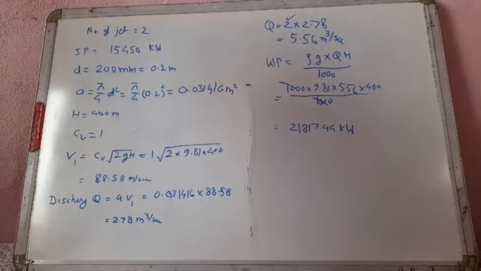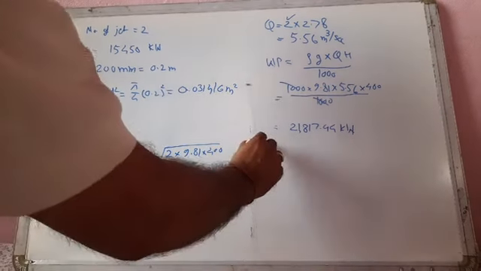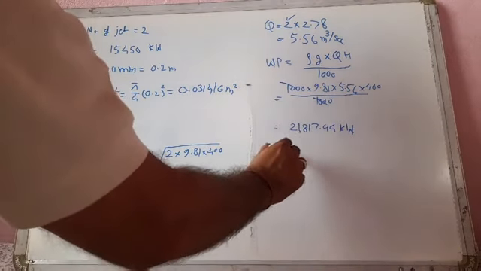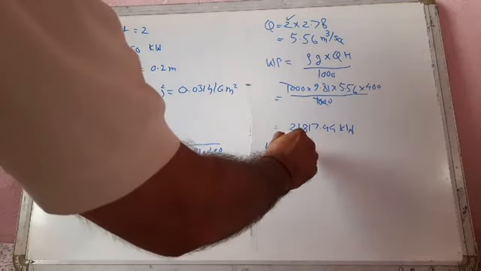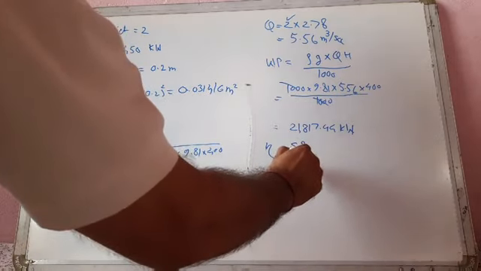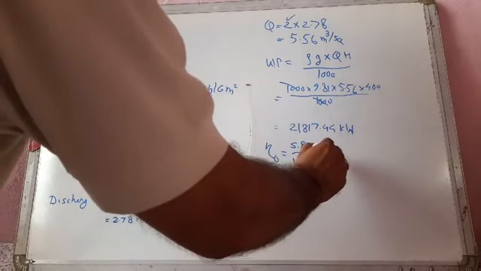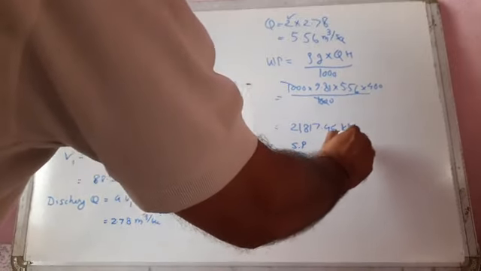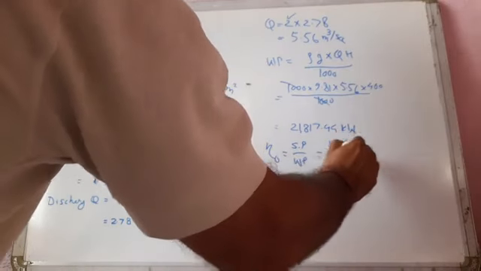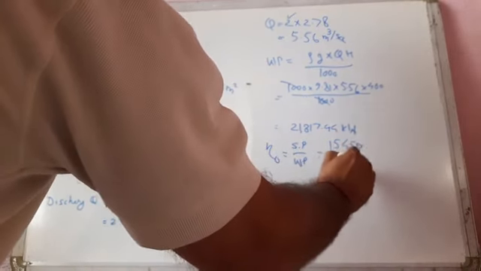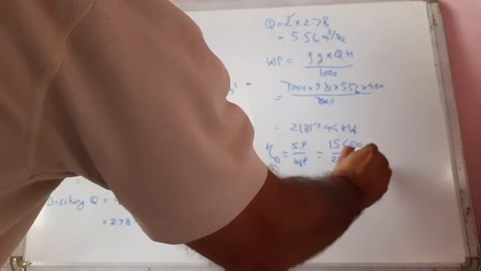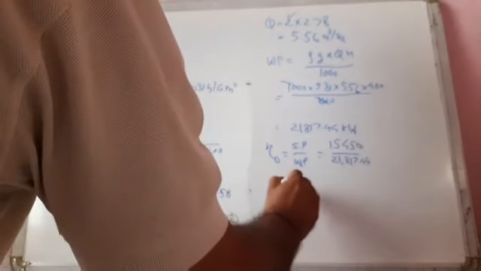And the overall efficiency, eta overall, is equal to shaft power by water power, that is equal to 15,450 by 21,817.44.